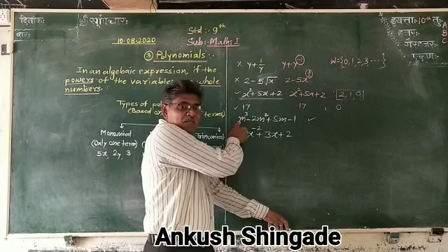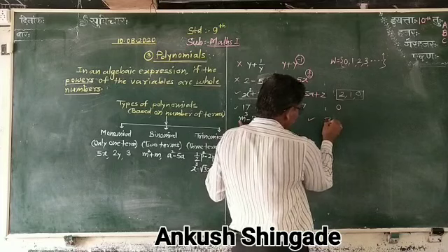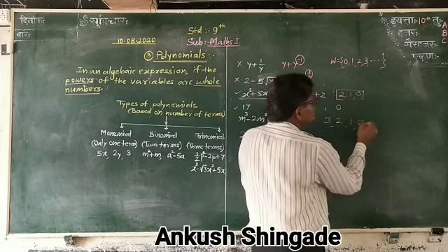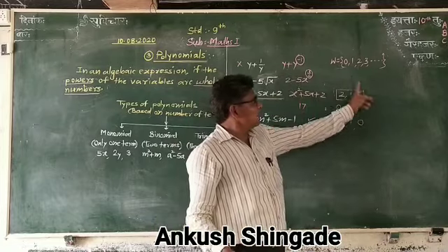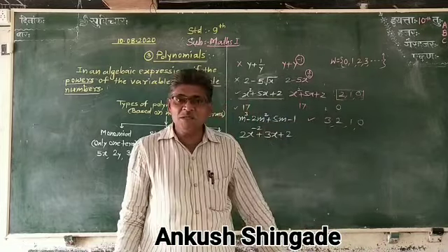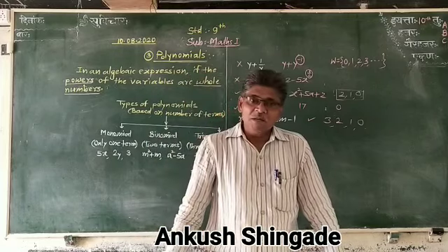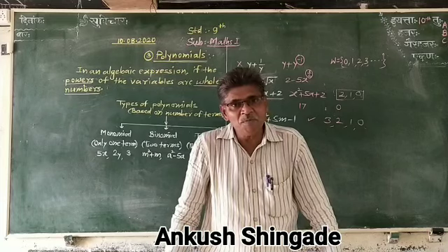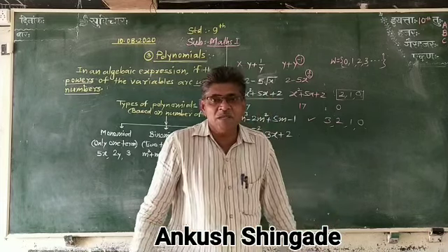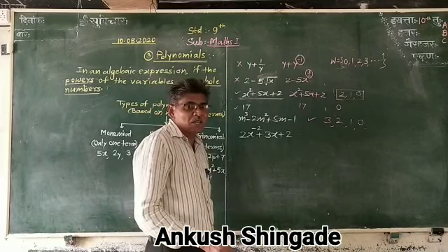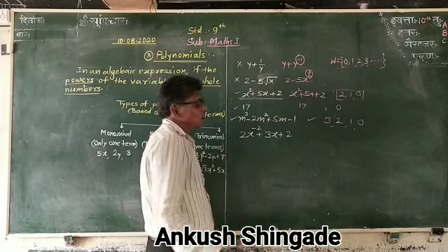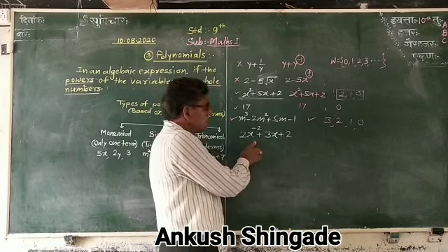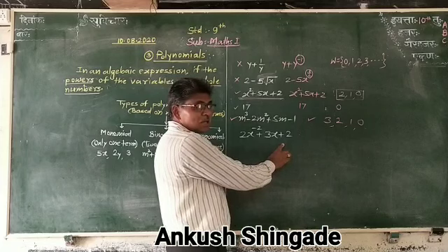Then decide about this example. The powers are 3, 2, then 1 and 0. All are found in the set of whole numbers. That means the powers of the variables are whole numbers, and therefore according to the definition of polynomial, the given algebraic expression is a polynomial. Then decide about this last example.